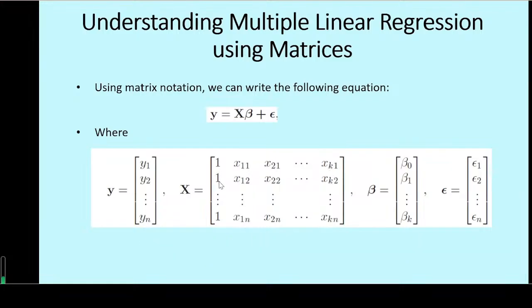Then beta is also a column matrix with k plus 1 rows and 1 column, and epsilon is an n by 1 matrix. So X times beta gives an n by 1 matrix, which is compatible for addition with epsilon, and the result has the same shape as the y matrix.